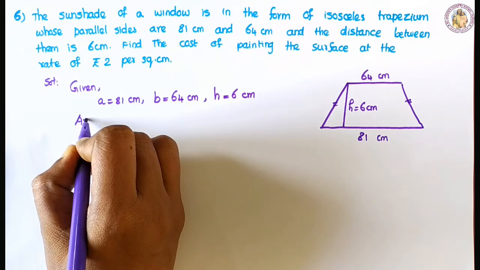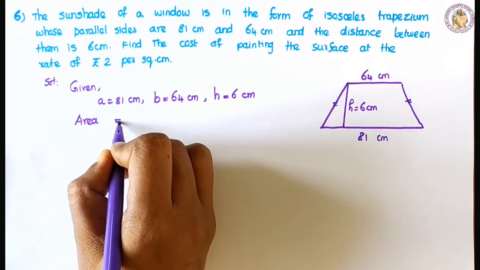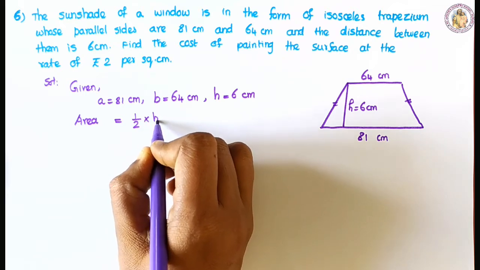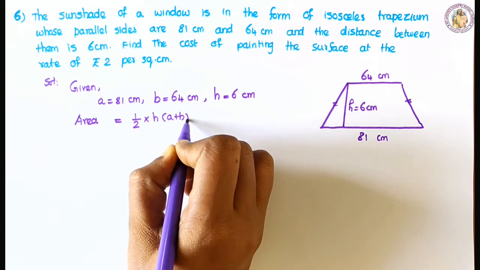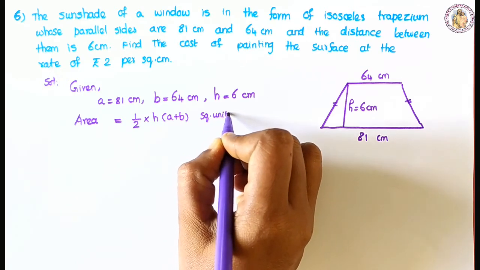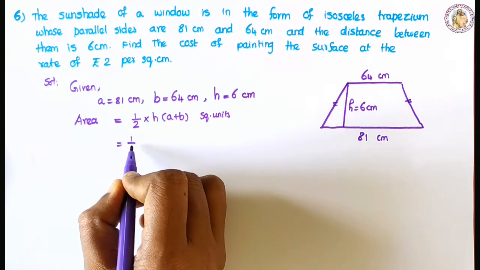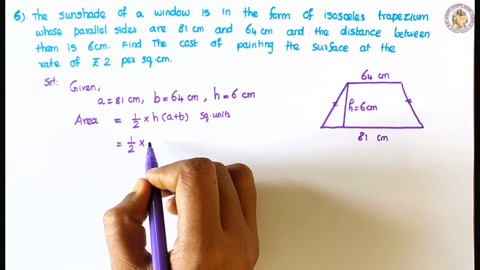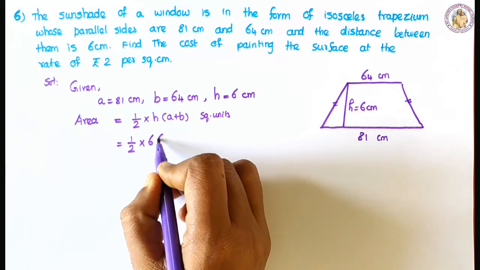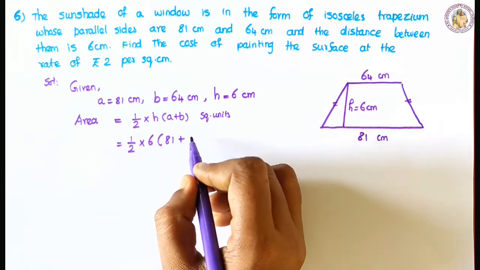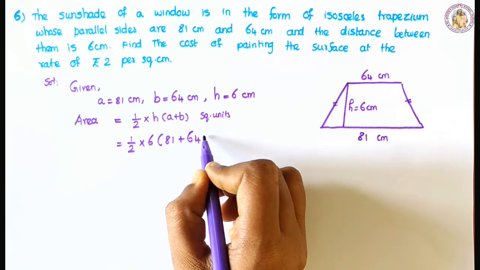Now area equal to 1 by 2 into h into a plus b square units. Substitute the values. 1 by 2 into h is 6 centimeter and a is 81 centimeter plus b is 64.